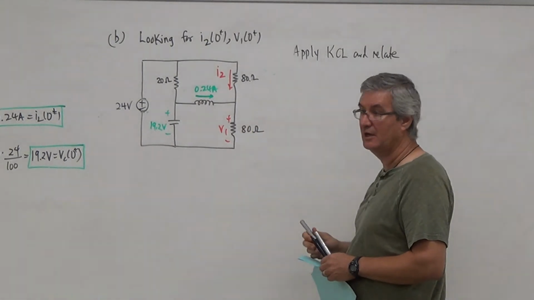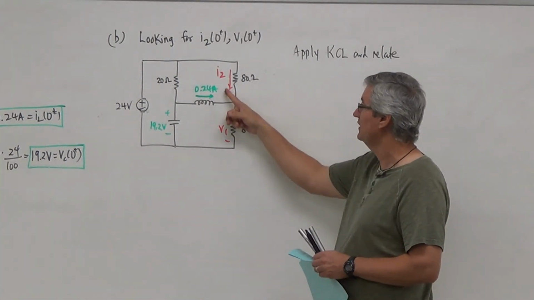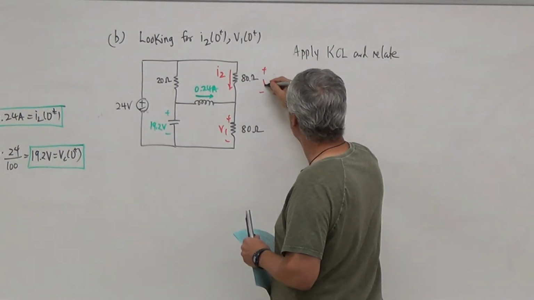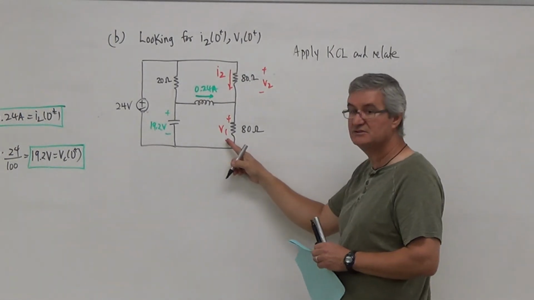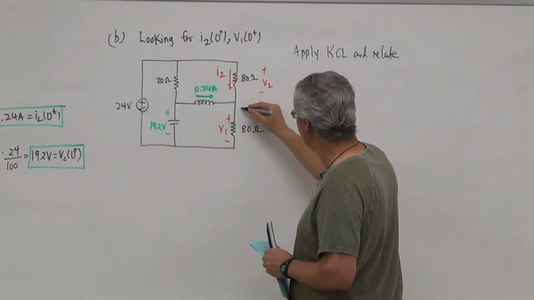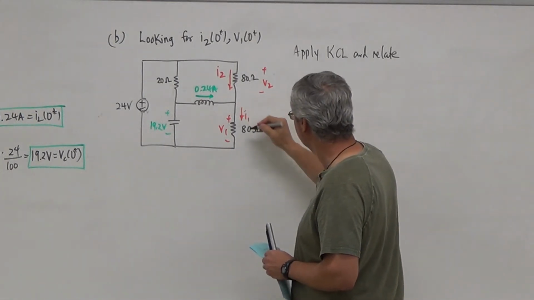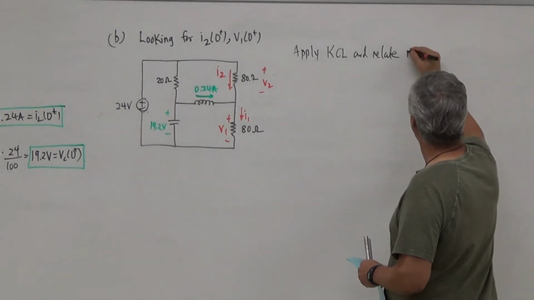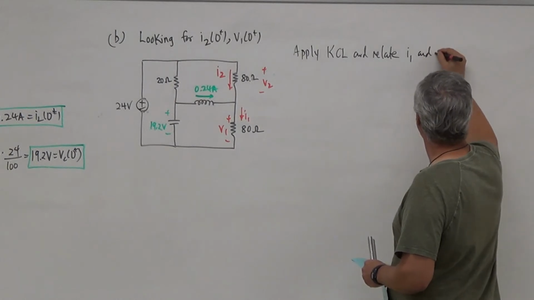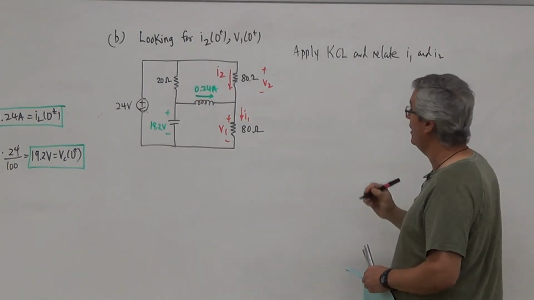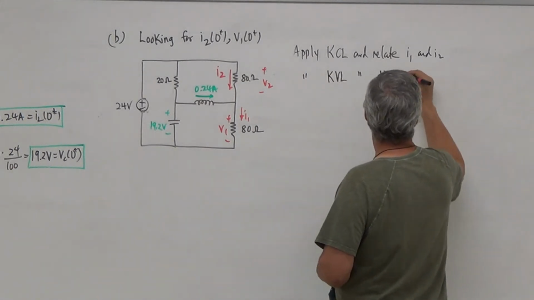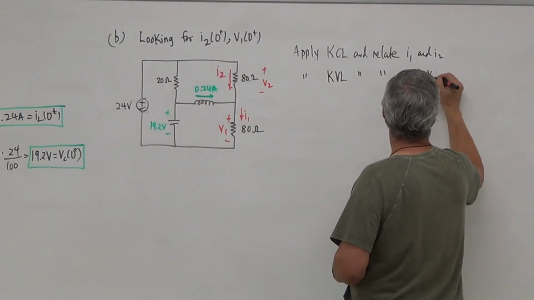So I'm going to call this V2 and I2, and if I call this V1, I'm also going to be imaginative and call this I1. My job is to relate I1 and I2, and to apply KVL and relate V1 and V2.